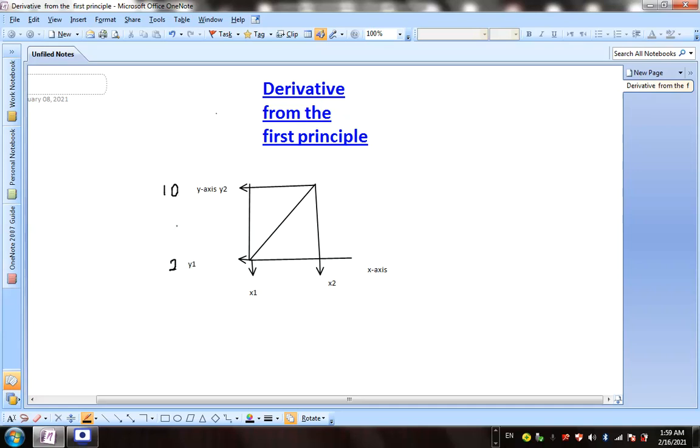So to get the increase from y1 to y2, or you call it a distance, we are going to say 10 minus 2, and which will give us 8. And let our x1 is equal to 3, and our x2 is equal to 7. So in here we have 7 minus 3, which is going to give us 4.